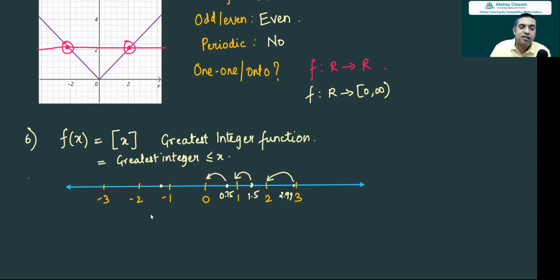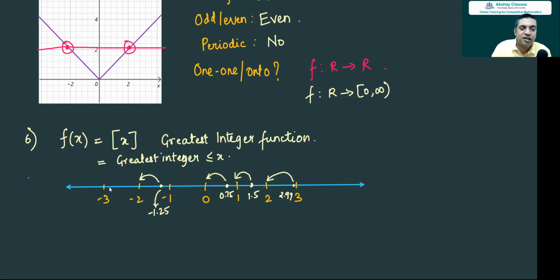This is interesting. Minus 1.25. What is the greatest integer step of minus 1.25? It will not be minus 1. It will be minus 2. Greatest integer less than or equal to that number.